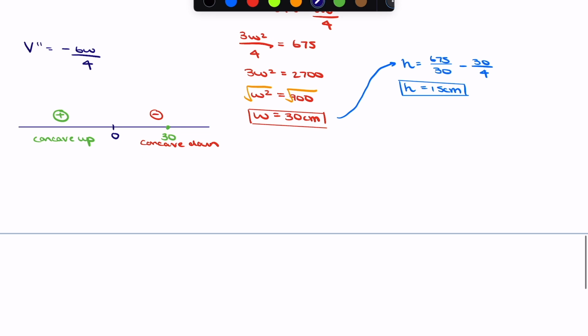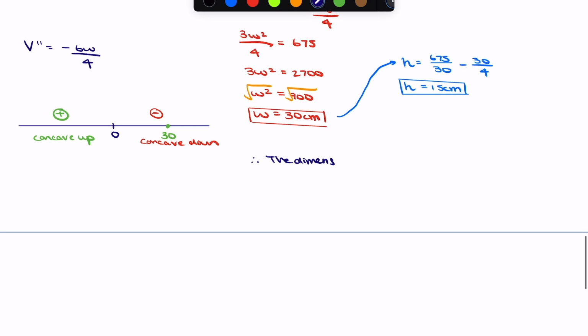Okay, so here, and therefore, the dimensions that maximize volume are when width is equal to 30 centimeters, height is equal to 15 centimeters.